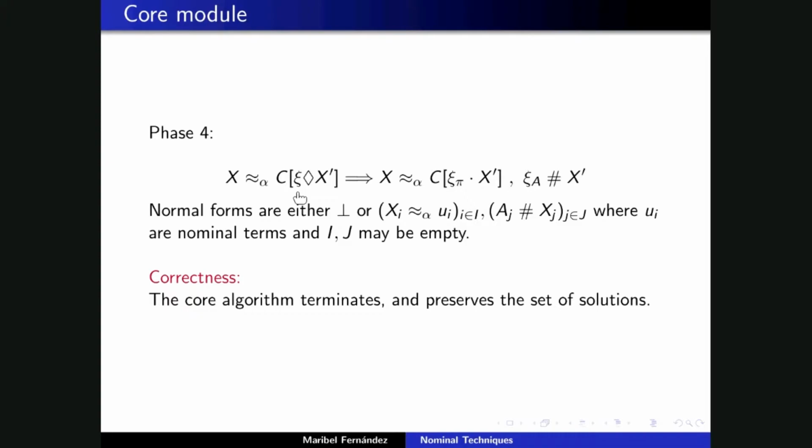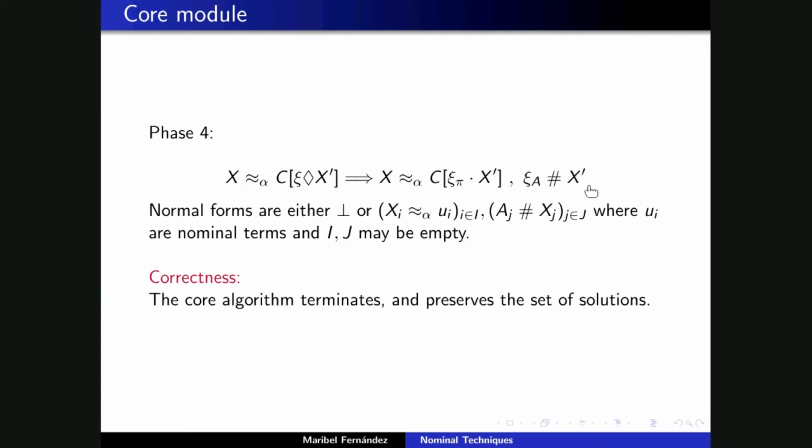So we simply split that. We leave the permutation decorating the variable, suspended next to the variable, and just put the atoms as freshness constraints. So it's 4 phases. This last one, if you like, is just like a pretty printing just to output things in the format we want.